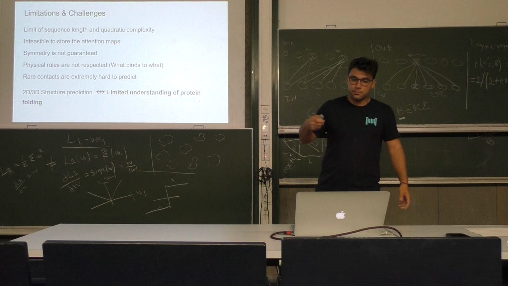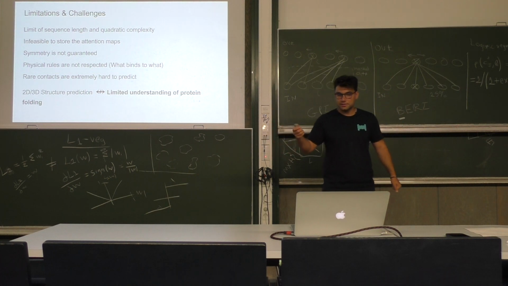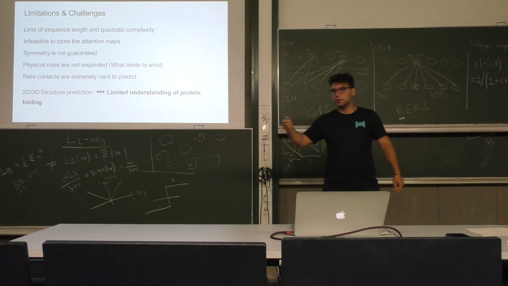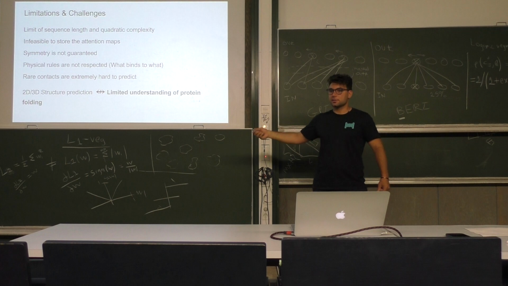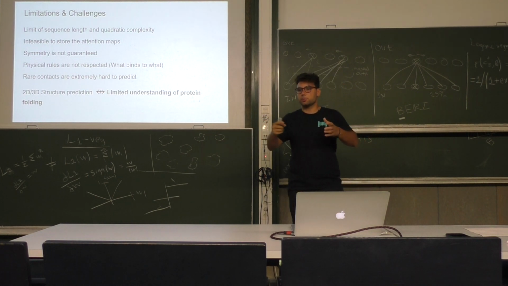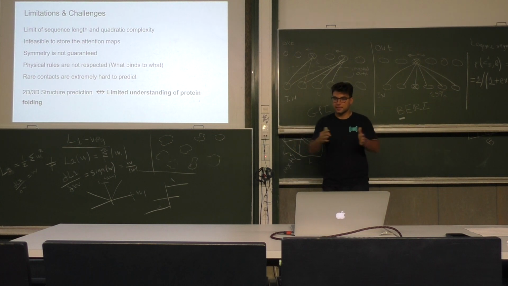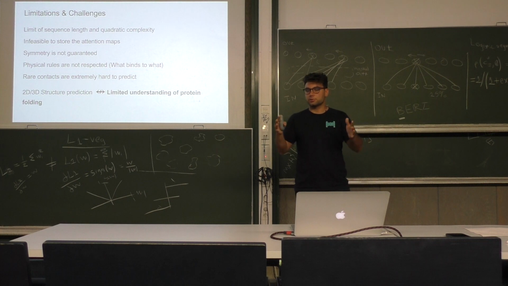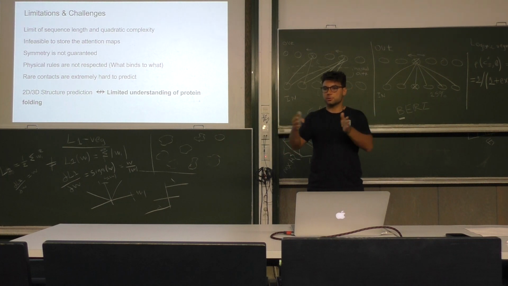And the thing is that if the model is trained on a maximum sequence length, let's say of 1,000, it's not clear how this model would perform on larger sequences, even though the transformer by itself can process any sequence length. We saw that these positional encodings or positional embeddings that are learned for each position are fixed.